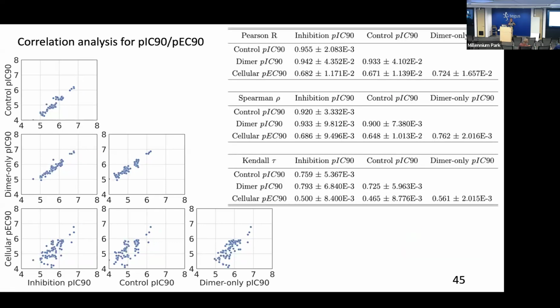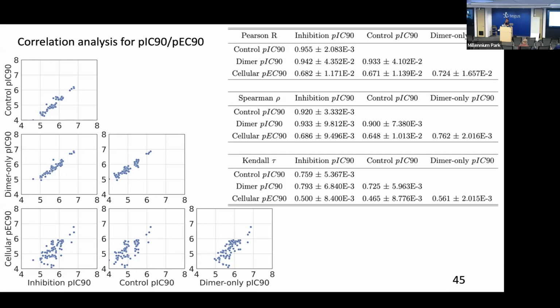We also had an idea that we should look at not where the midpoint is, but we should look at 90%. It may require you to block a large fraction of the enzyme in order for there to be any effect on whether the cell can recover from the virus. And we wanted to see whether that was better correlated than the IC50s.